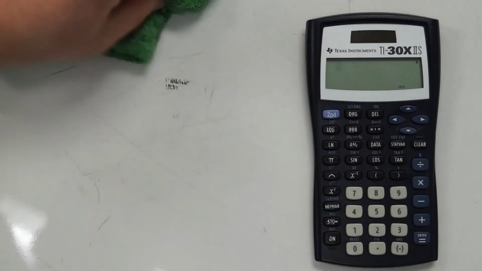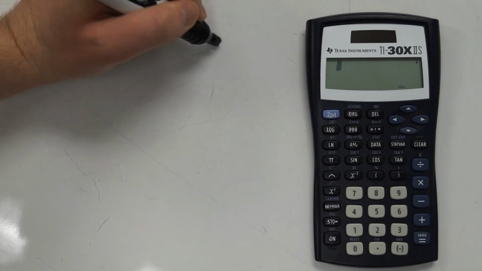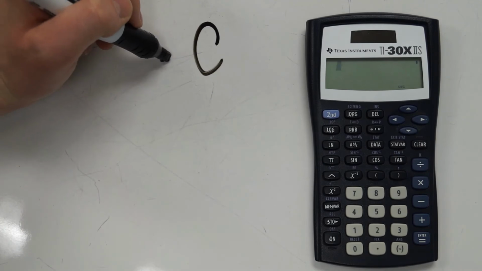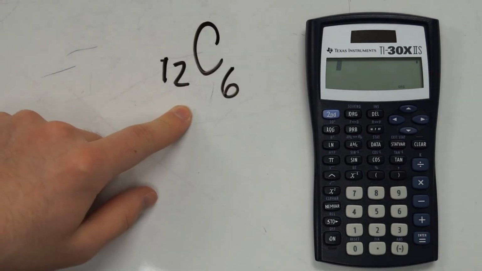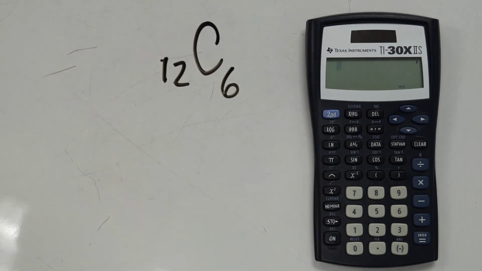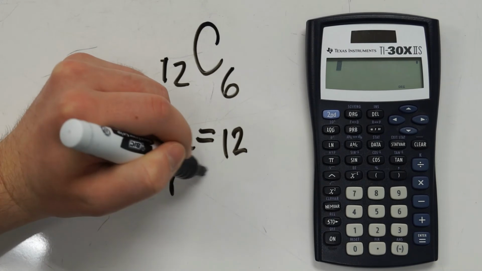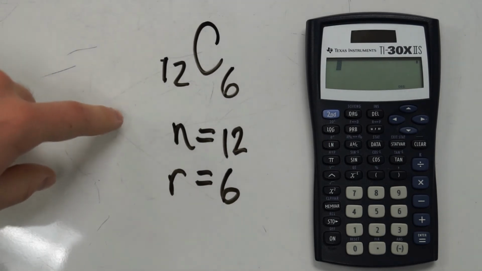So if I want to find the combination of 6 things out of 12, our n is 12, right? And our r is 6. In order to put that in the calculator, you first put your n first.